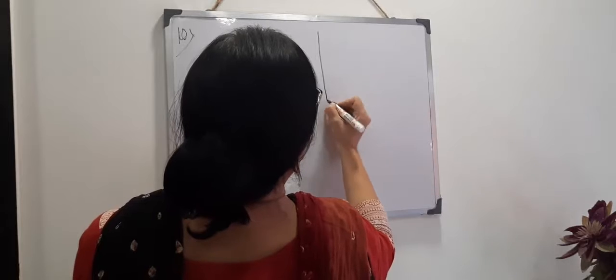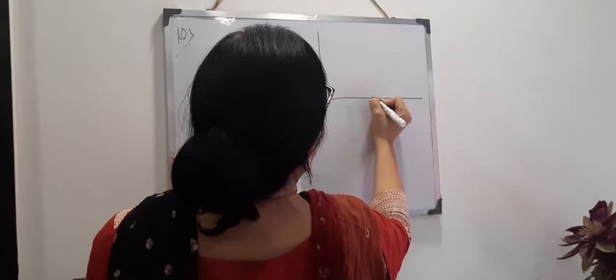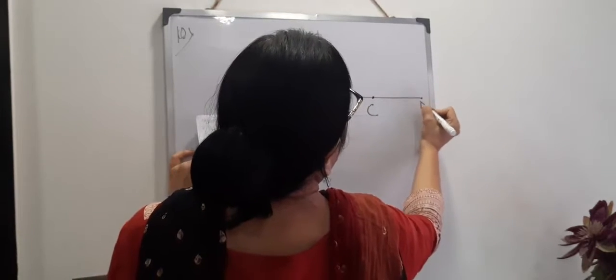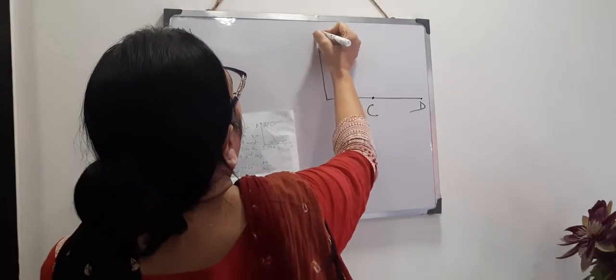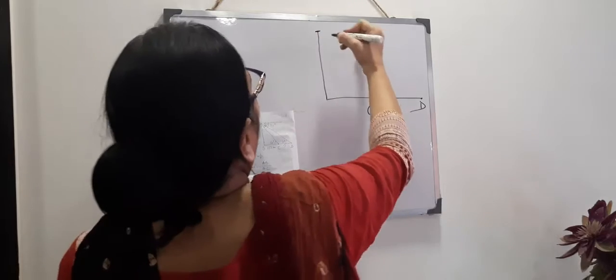That is the lighthouse, and this is the mast of the first ship and this is the mast of the second ship. Now someone is standing here, and angle of depression means he is looking downwards.